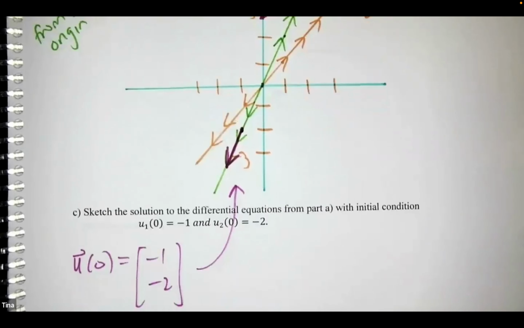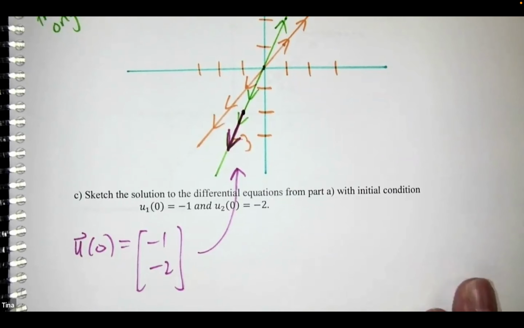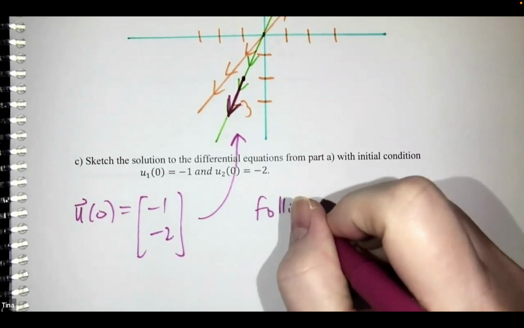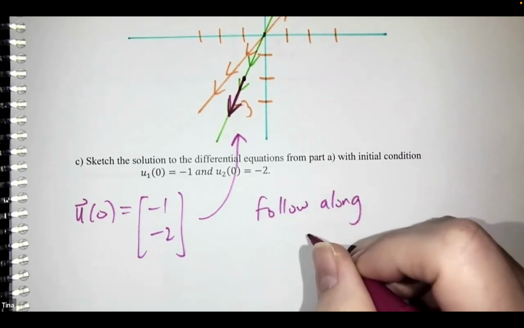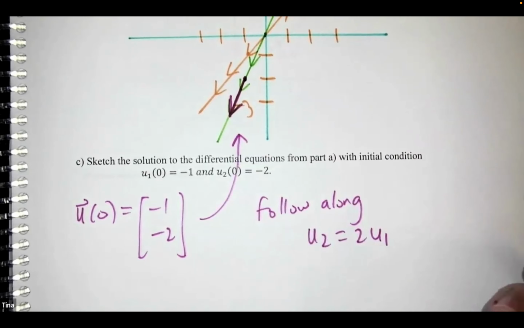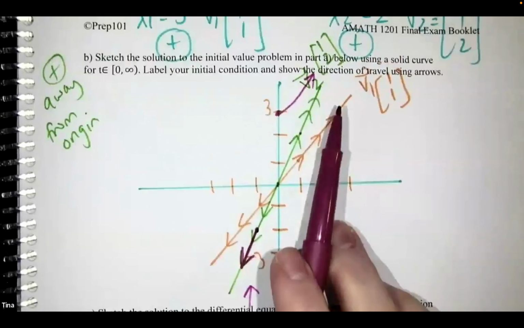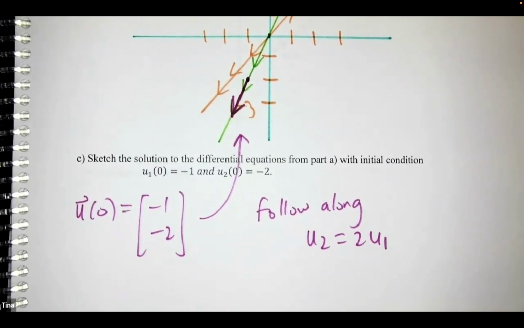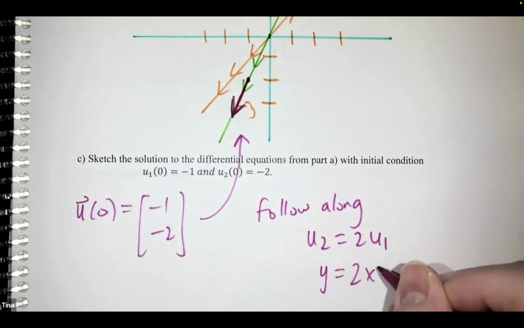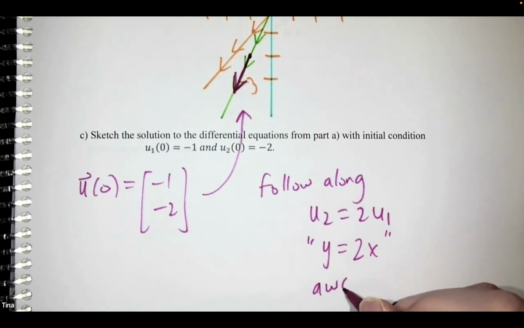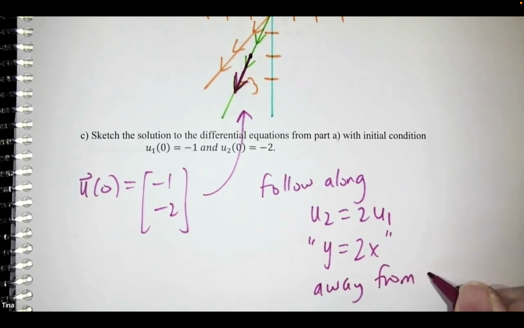So that would be the answer to C. Now, they had to draw it separately, so they would probably just draw that one eigenvector. But yeah, so this line would just be, U2 is 2U1, right? Because it's (1, 2). So just like y equals 2x, right? Okay, and it would go away from the origin because of the positive for the eigenvalue.